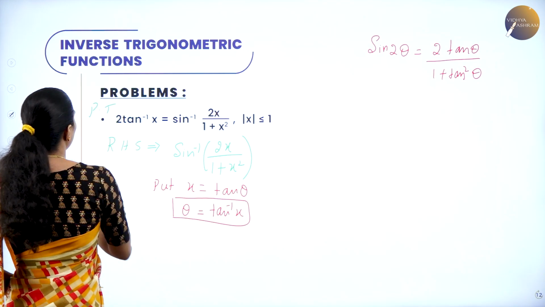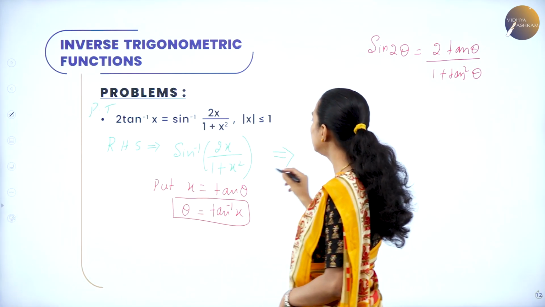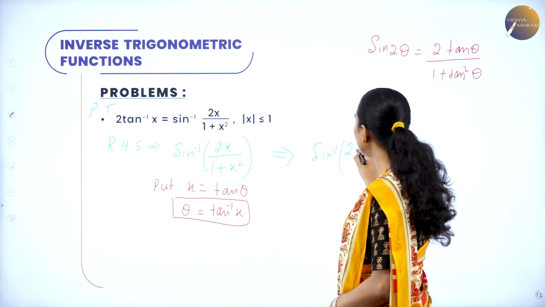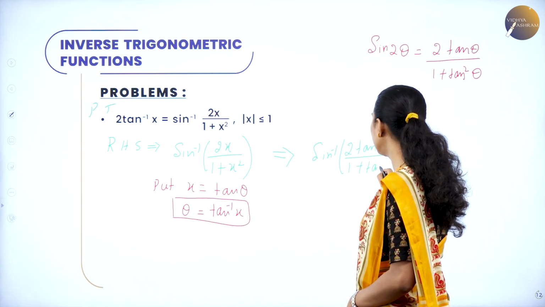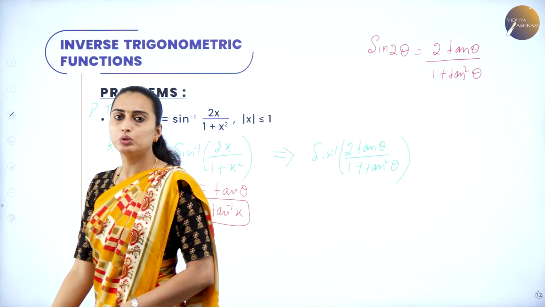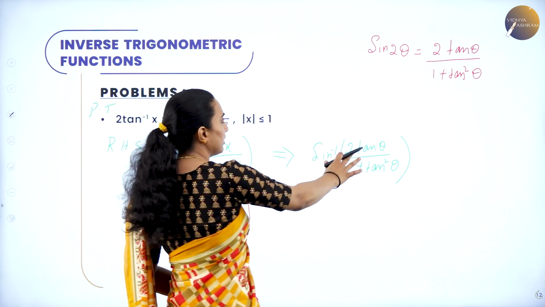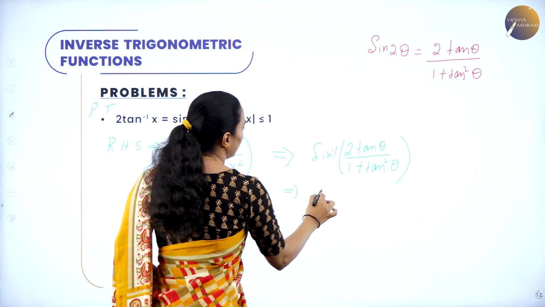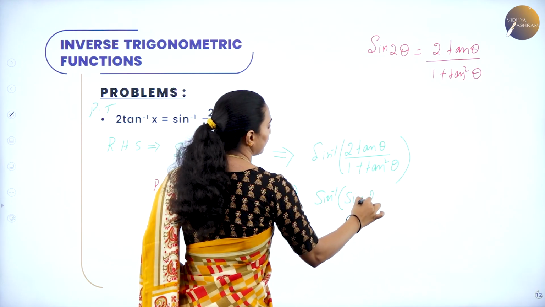Now we are going to have, which implies, sine inverse of 2 tan theta divided by 1 plus tan squared theta. Right? Now what is this? This is nothing but sine 2 theta. So I am going to substitute that, which implies sine inverse of sine 2 theta.